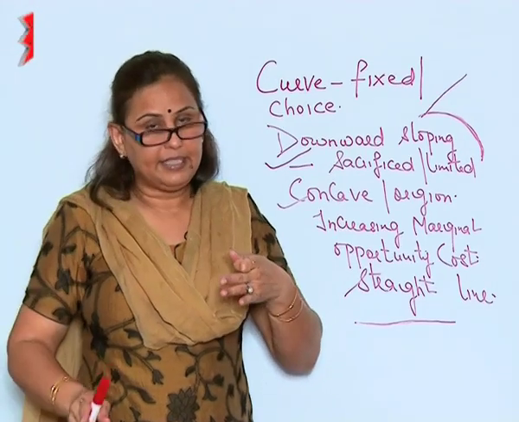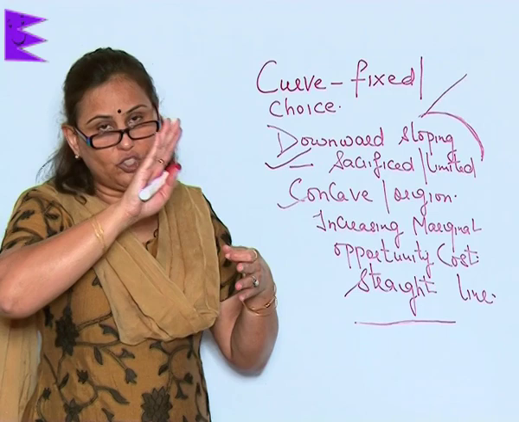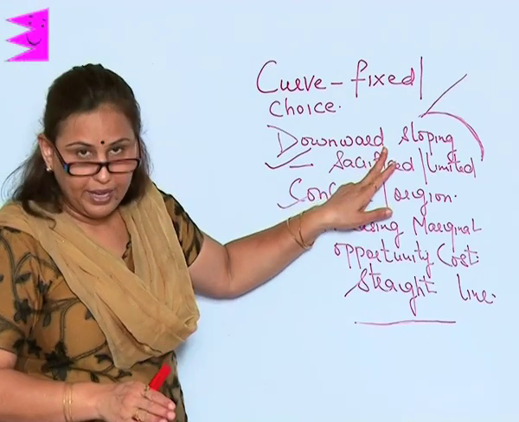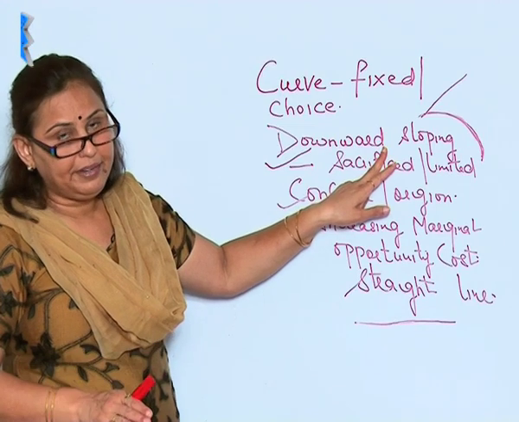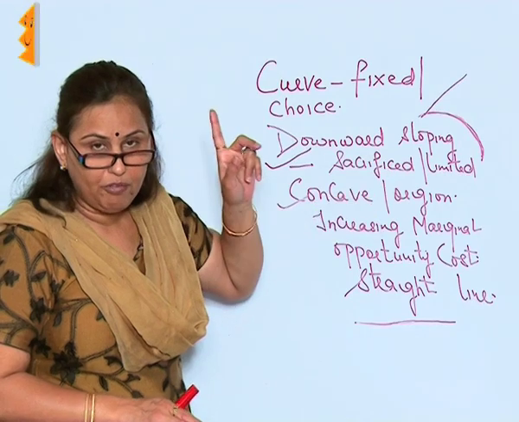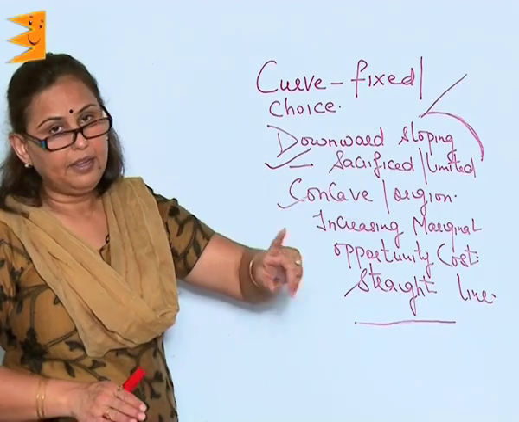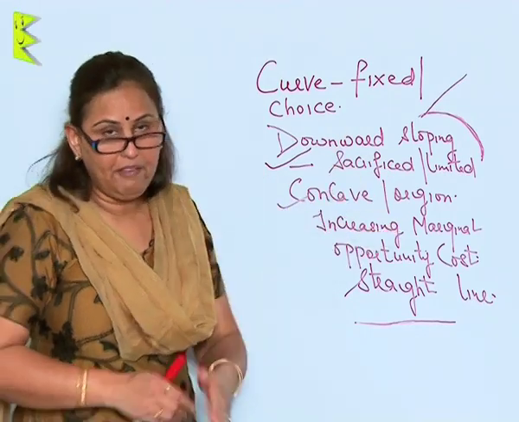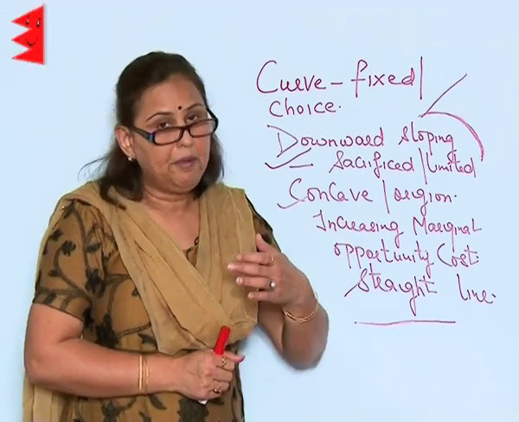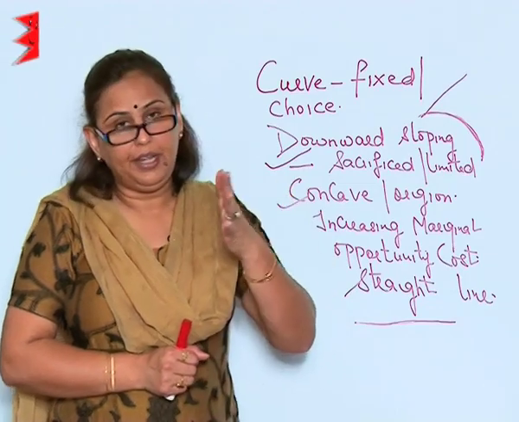And when this is done, we draw the production possibility curve, which is downward sloping from left to right because of the sacrifice made of one item against another, and is always concave to the origin because of the increasing marginal opportunity cost.